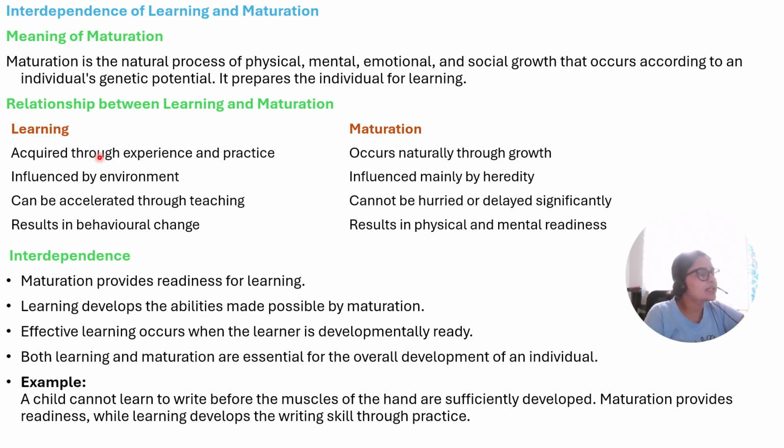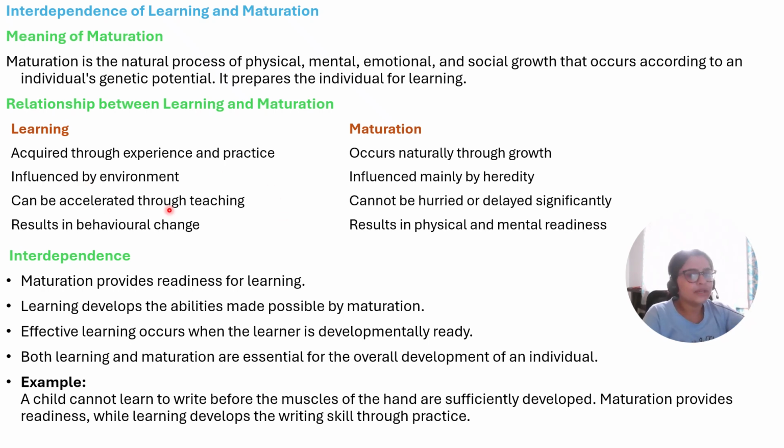Okay, so what is the relationship between learning and maturation? Let us see. Learning is acquired through experience and practice, that is external agencies, whereas maturation occurs naturally through growth. It is governed by genetics, and it is influenced by heredity. Learning can be accelerated through teaching.